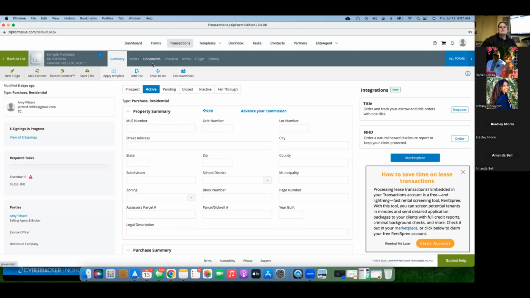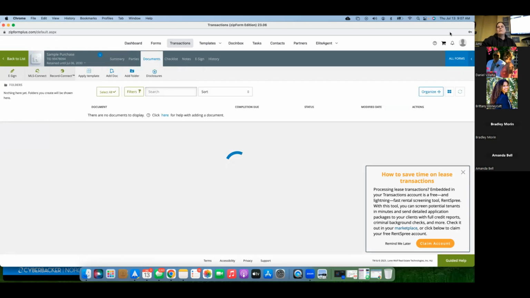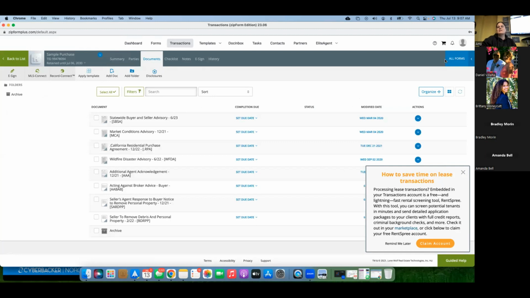You can do anything with that initial deposit, but sometimes we do an increased deposit. When you do that increased deposit, if your initial deposit wasn't 3%, you would want to include this DID form, which causes your increased deposit to fall underneath that liquidated damages clause. So make sure that's part of the inclusion, because that liquidated damages goes up to 3% or the actual deposit, whichever is less.